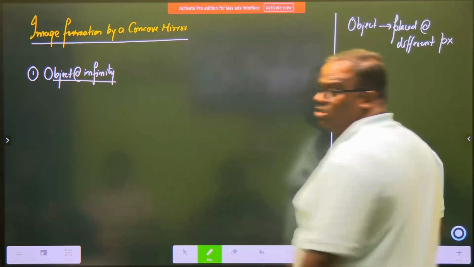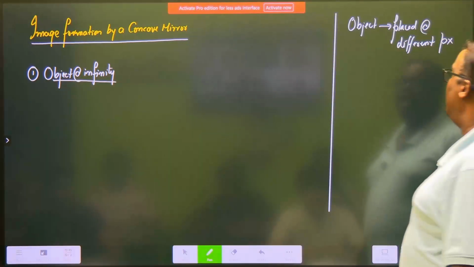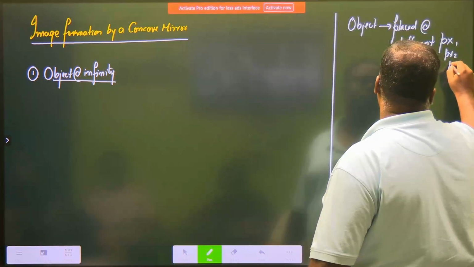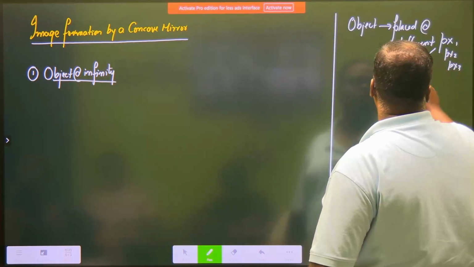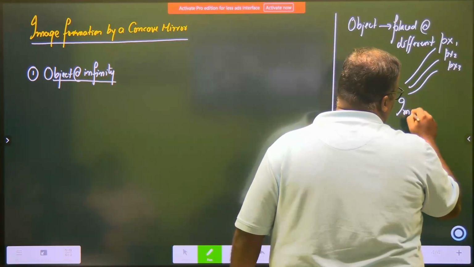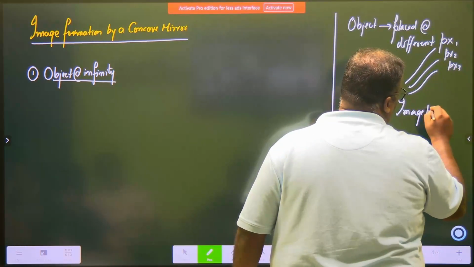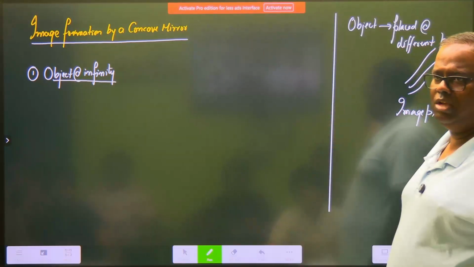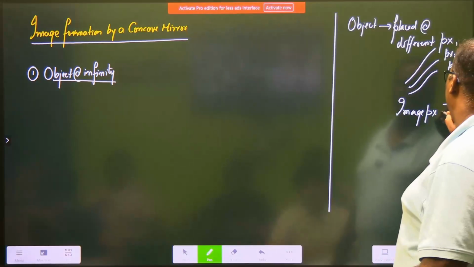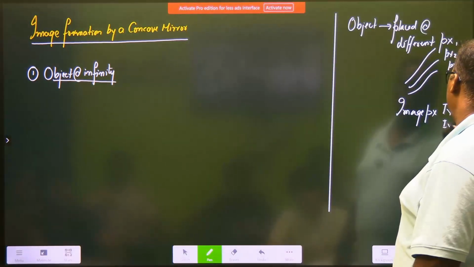Px means different positions. It will be at px1, px2, px3. So for every one of these positions, you will get different image positions. Obviously, for every object position, I will get a different image position, something like ix1, ix2.